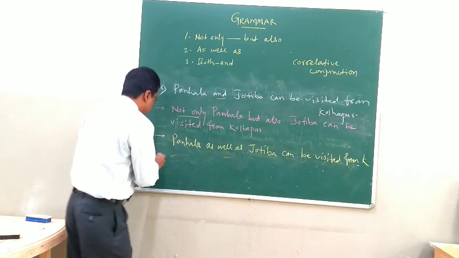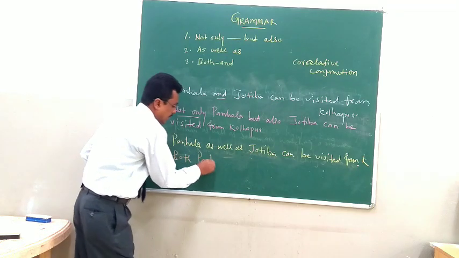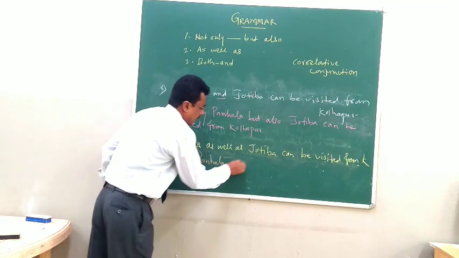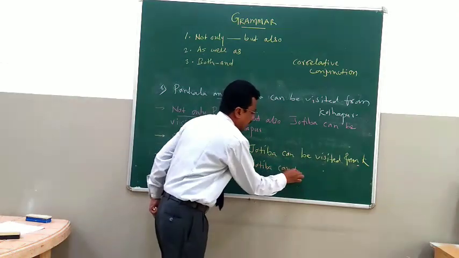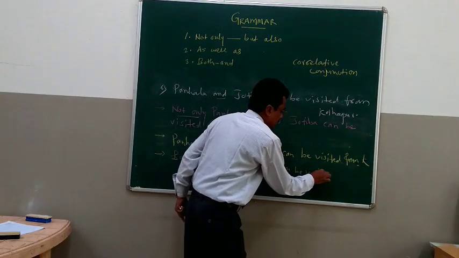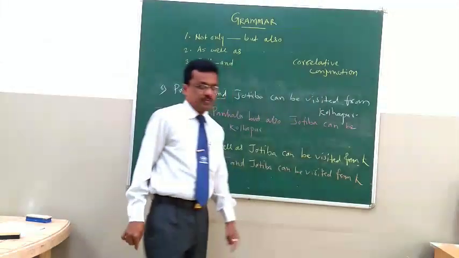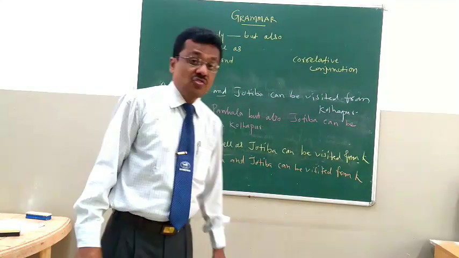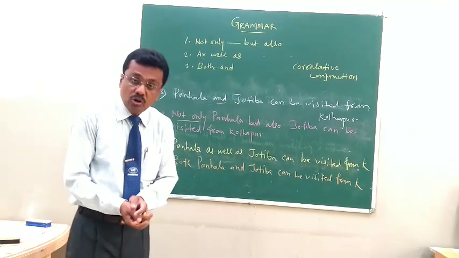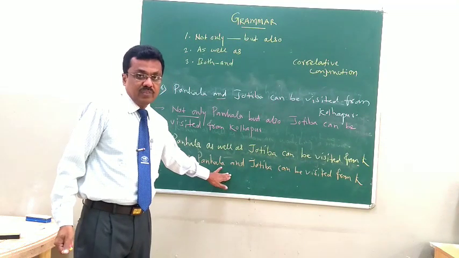The third one is "both and". Both Panhala and Jyotiba can be visited from Kolhapur. So this type of structure is the correct usage of not only but also, as well as, both and.